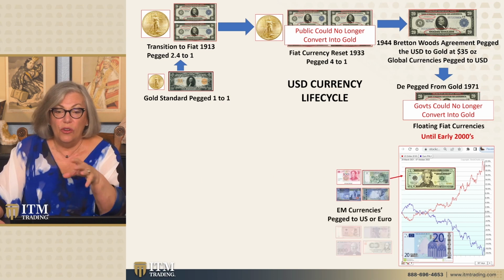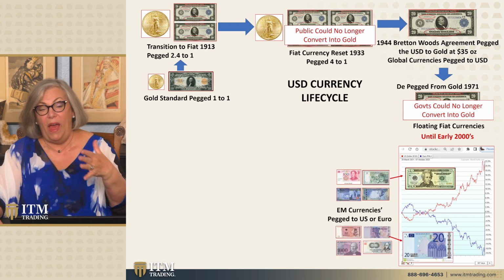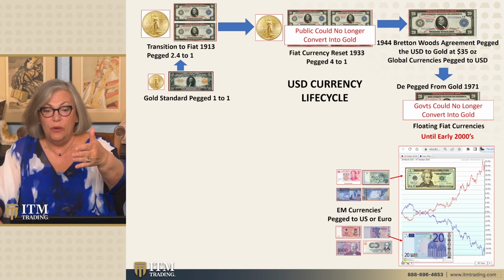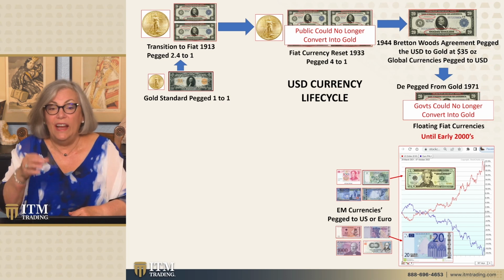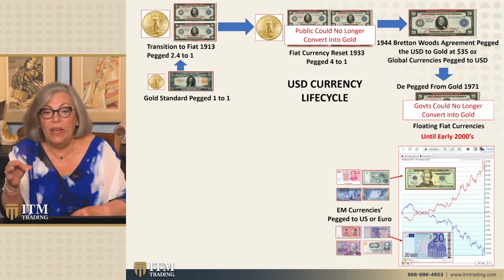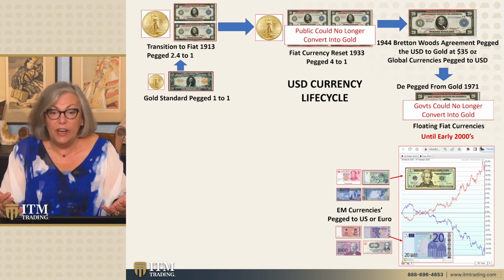And in the early to mid-2000s, emerging currencies then pegged themselves either to the US dollar or the euro. So that's why today there's such a big problem with those emerging markets that are pegged to the euro or even pegged to the dollar, either one.